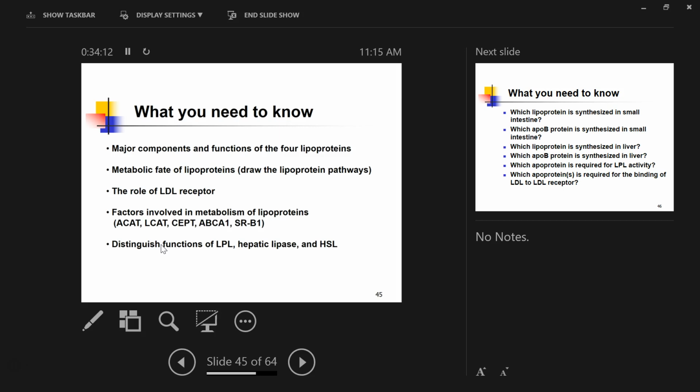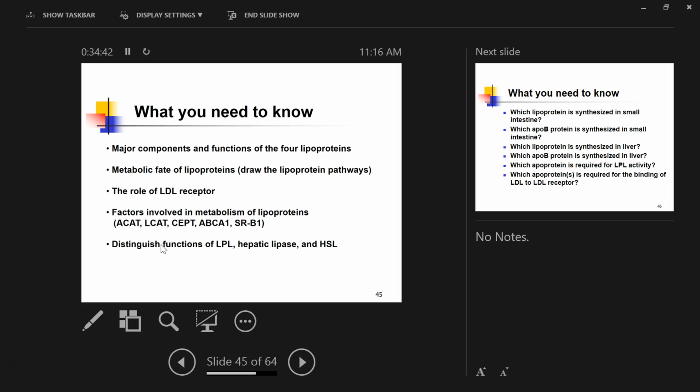All right, so what do you need to know for this lipoprotein session? The major components and functions of the four lipoproteins: chylomicron, VLDL, LDL, and HDL, right? What are the core lipids, and which lipids are present in each lipoprotein?